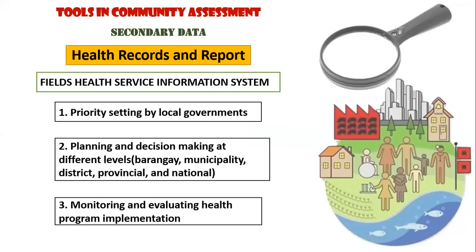Our FHSIS is the priority setting by the local governments. This means planning and decision making happen at different levels: barangay, municipality, district, provincial, and national. When we say FHSIS, it is monitoring and evaluating health program implementation.